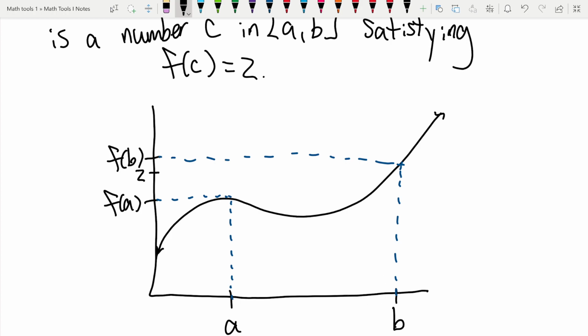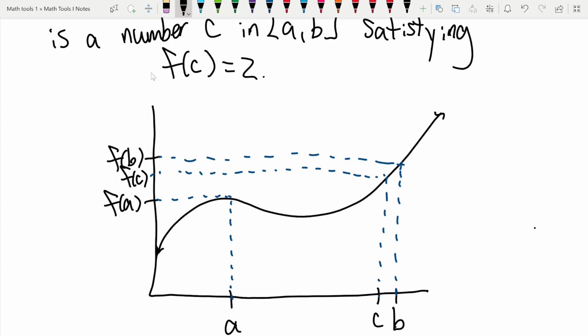Okay, so we can see that this is true here. If we look at z, then yeah, this is where this number c is. It's right here, right? This is where f of c is equal to z. So really this should be f of c over here, not z. Okay.